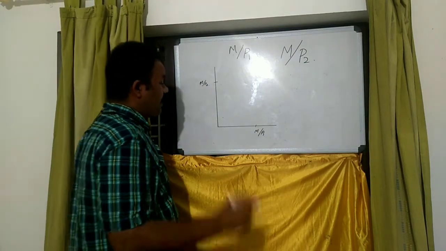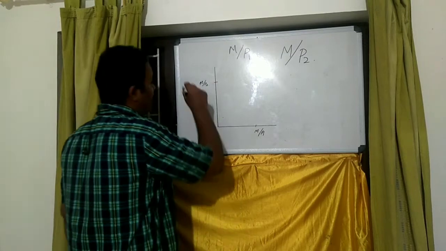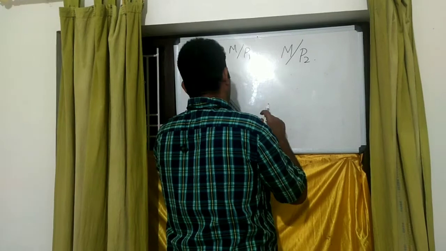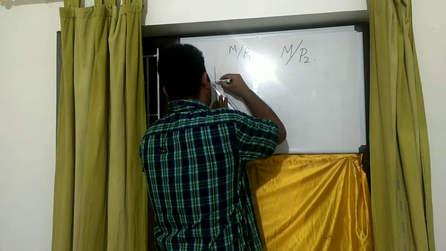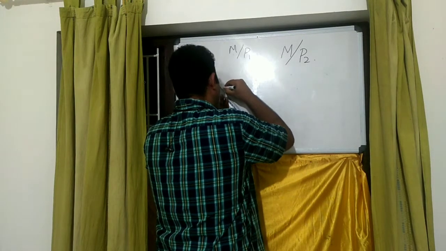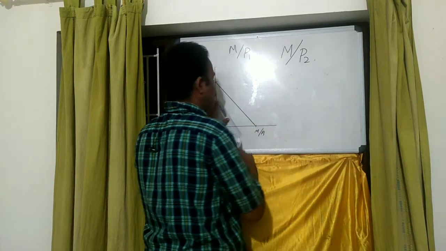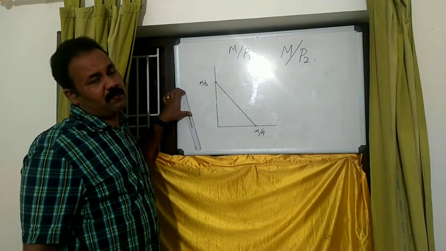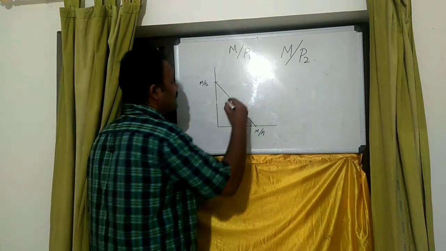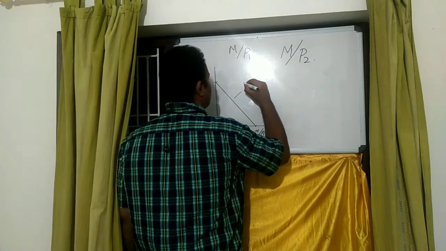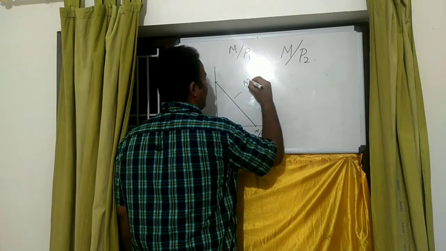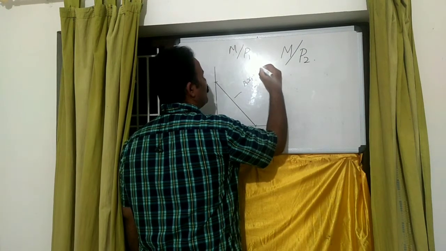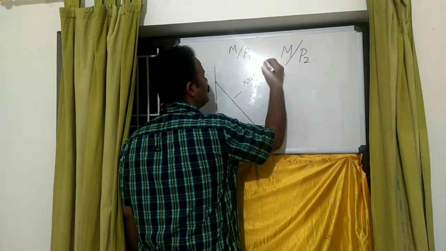If M by P1 is here and M by P2 is on this point, then we can join these points. By joining these points, we will get a line that is known as the budget line. Then this budget line represents the equation P1 X1 plus P2 X2 is equal to M.